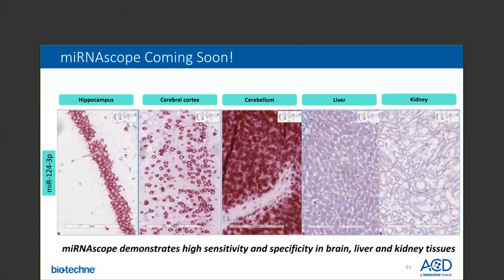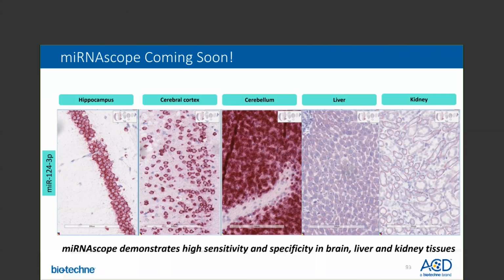On the new product side, we now have a new assay platform to detect microRNAs called miRNAscope, which will become available soon. miRNAscope is a robust assay offering high sensitivity and high specificity with a universal probe design. The custom probe is designed to detect microRNAs, antisense oligonucleotides, or small interfering RNA sequences of interest.